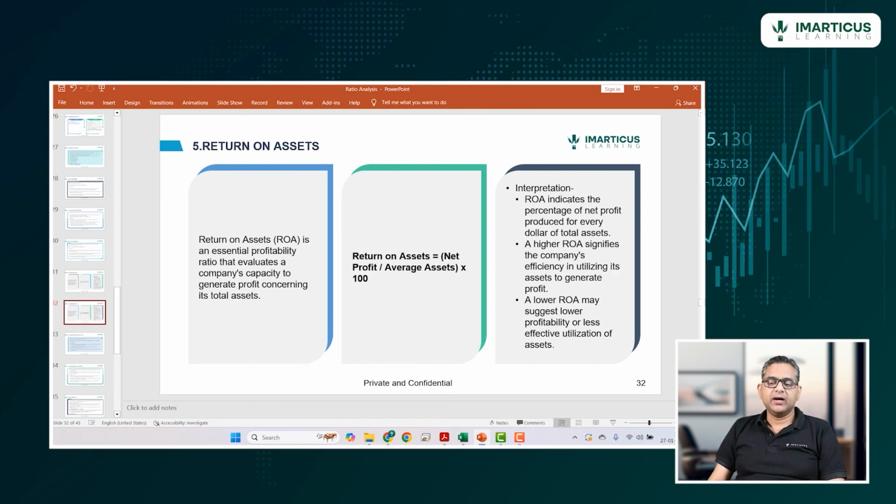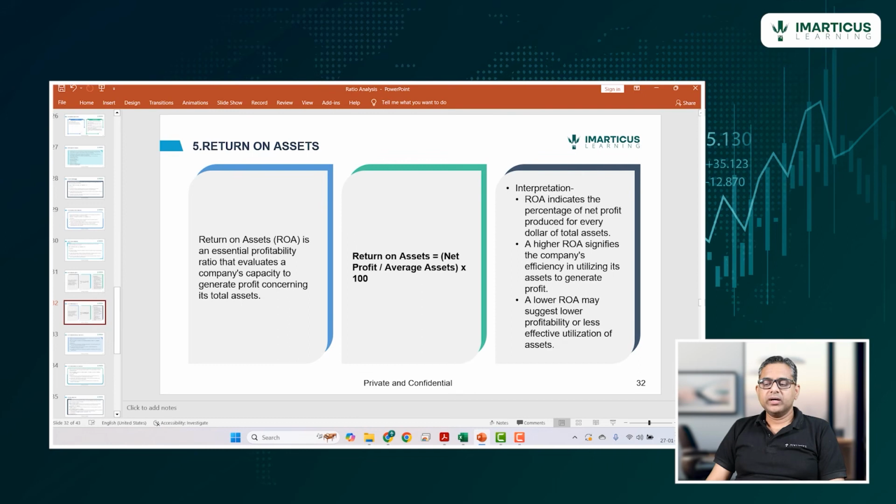So we have to synchronize it; we have used the average of the balance sheet item, average assets, so that it also reflects a value for a period. That's why it is calculated as net profit upon average assets into 100. This tells us what profits the company is able to generate using its average total assets.